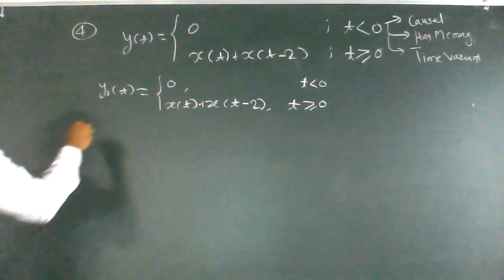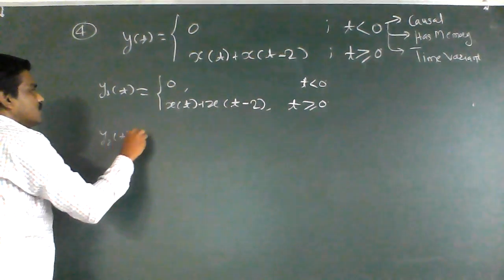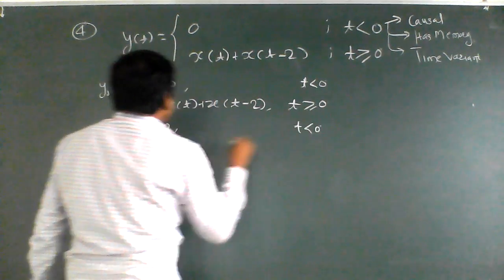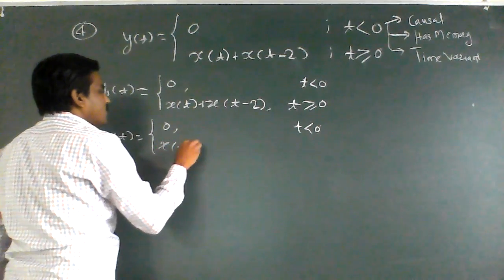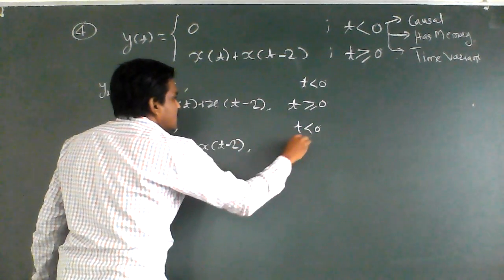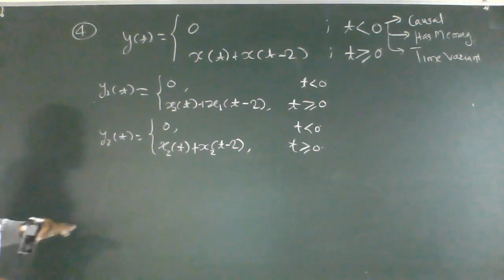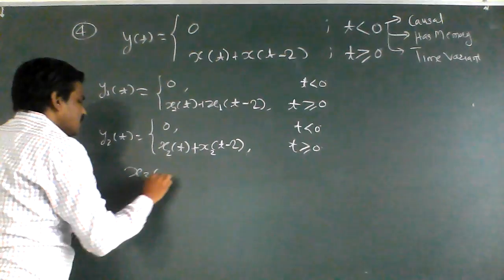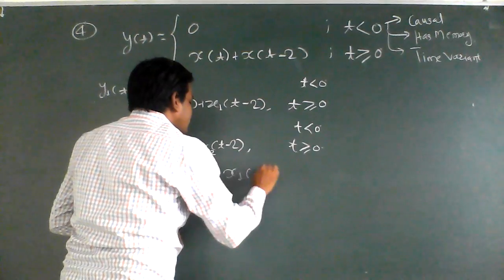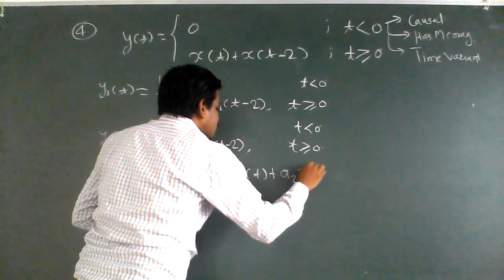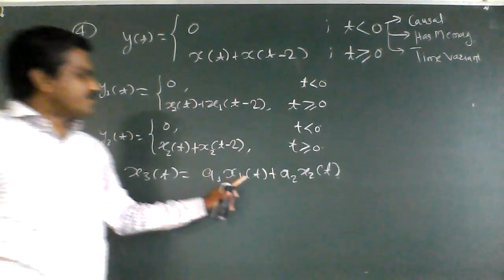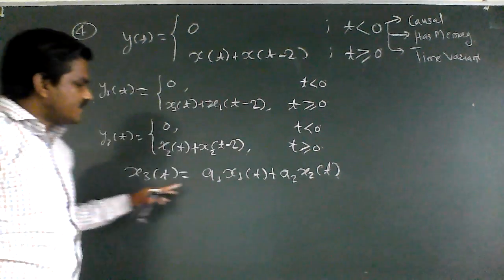And then y2 of t is equal to 0 for t less than 0, and it is equal to x of t plus x of t minus 2 for t greater than or equal to 0. Now x3 of t is nothing but the linear combination a1 x1 of t plus a2 x2 of t.